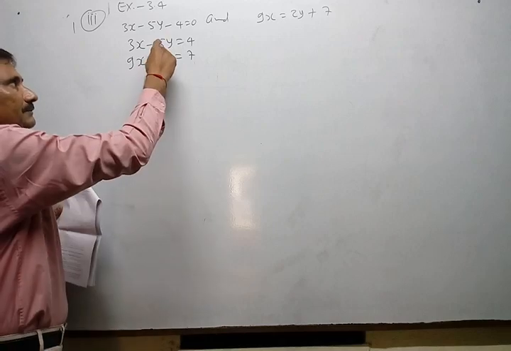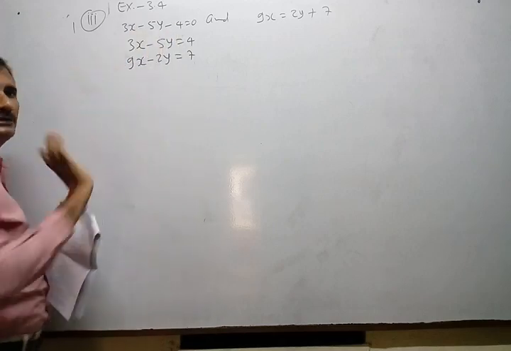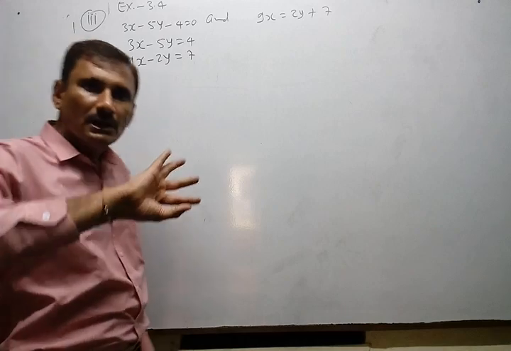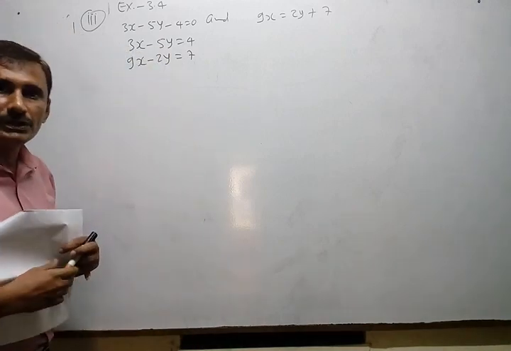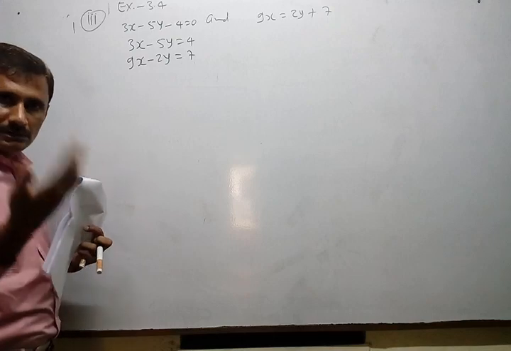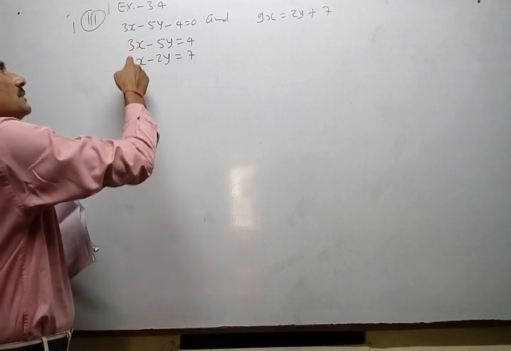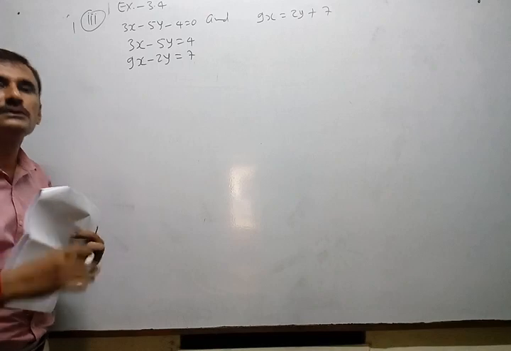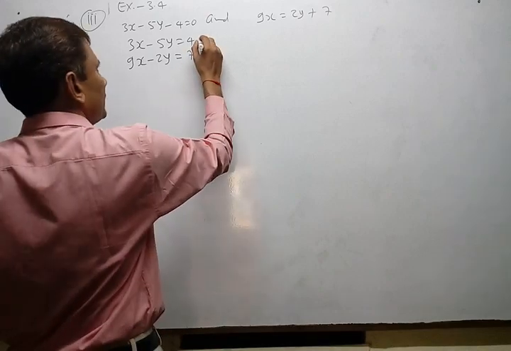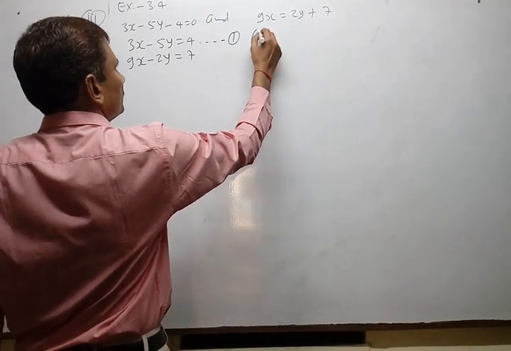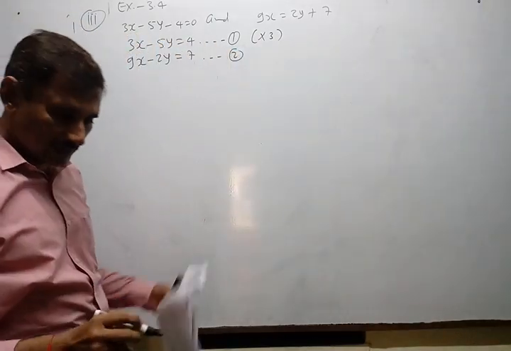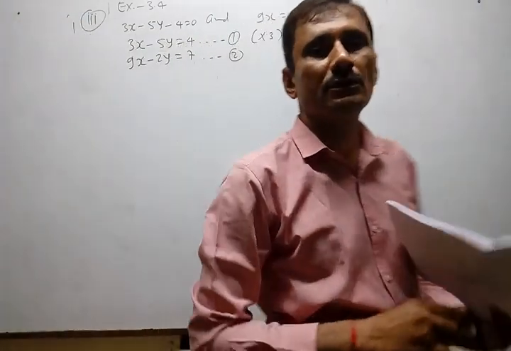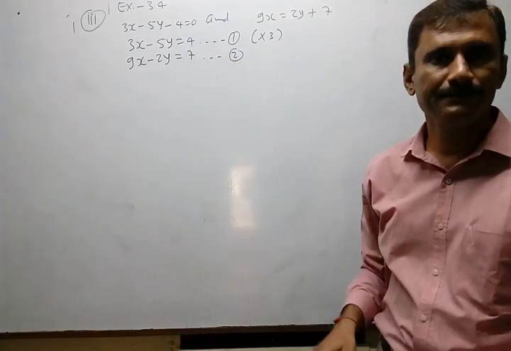But to multiply both equations, better to select and multiply one equation. So I multiply the first equation by 3.